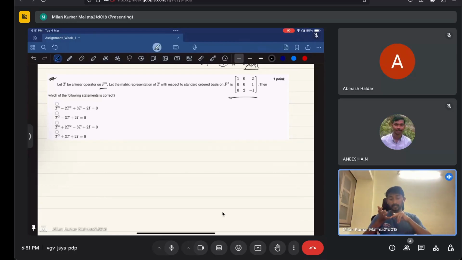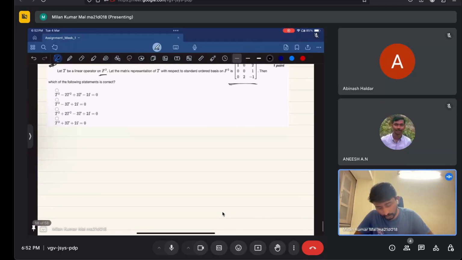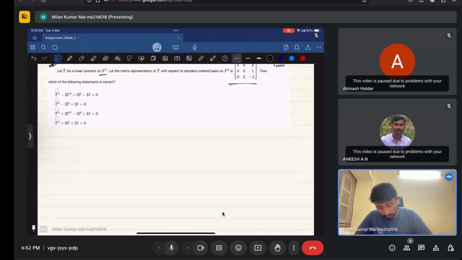What we know is that if p is the minimal polynomial, then p(T) equals 0, and if f is the characteristic polynomial, then by the Cayley-Hamilton theorem f(T) equals 0. Also we know that p is the smallest. So let's first find the characteristic polynomial, then we will see.